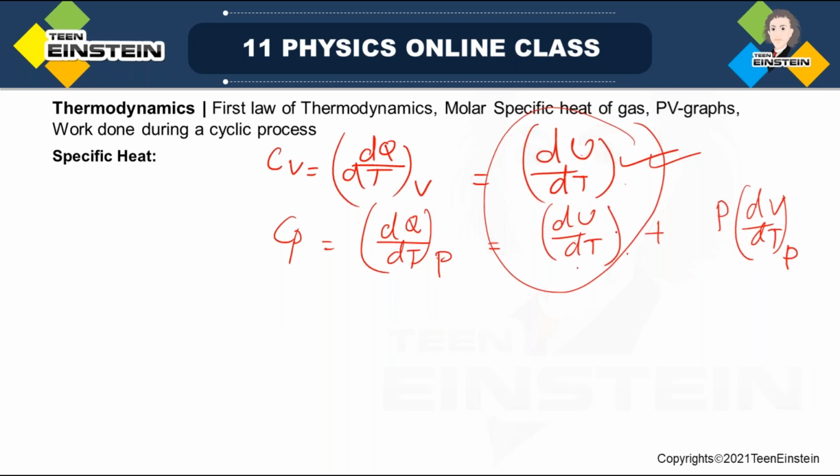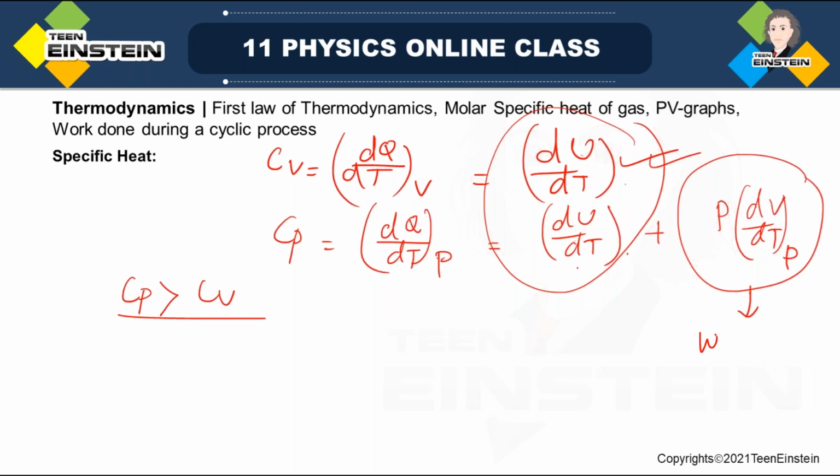But in the case of Cp, part of the heat energy is used to do work against the pressure P. So you can see from here itself that Cp is greater than Cv, because Cp has this additional term, work done. So Cp is greater than Cv.